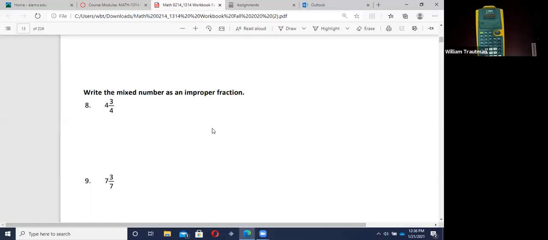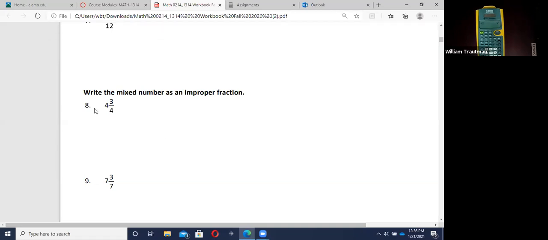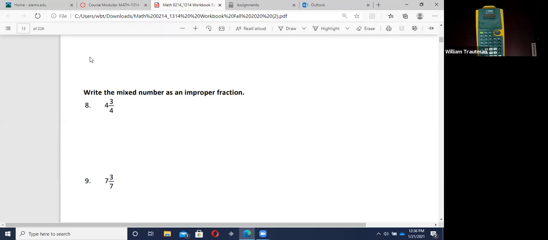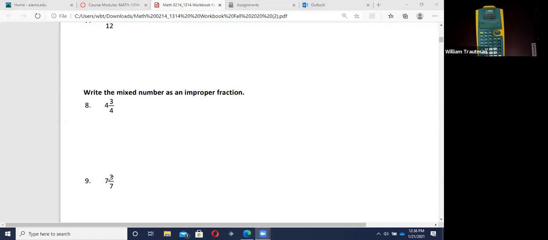Okay, so let's try 7 3/7 on our calculator. You should get, let's see, multiply these two together, you get 49. Then you add 3, I get 52. You should get 52/7. 7 3/7 changes to 52/7 as an improper fraction.